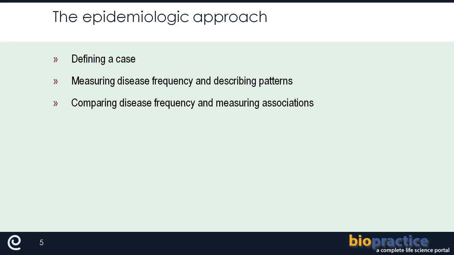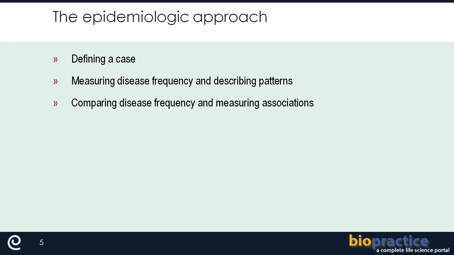And you can describe patterns, for example, over time, in different places, depending on personal characteristics. And then you can even go a step further, and compare the disease frequency between, for example, people with different characteristics, and see what are the reasons that one group of persons with a certain characteristic has more chance of having the disease than another.